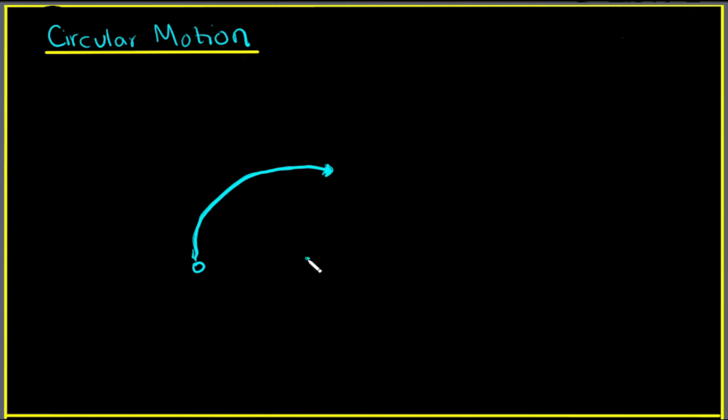So this is, for example, the center of the circle. There has to be a force acting towards that center, because wherever the ball goes, for example at this point or this point, it stays at a constant distance from this point. It always revolves around this central point, but it never comes closer or goes away from it.